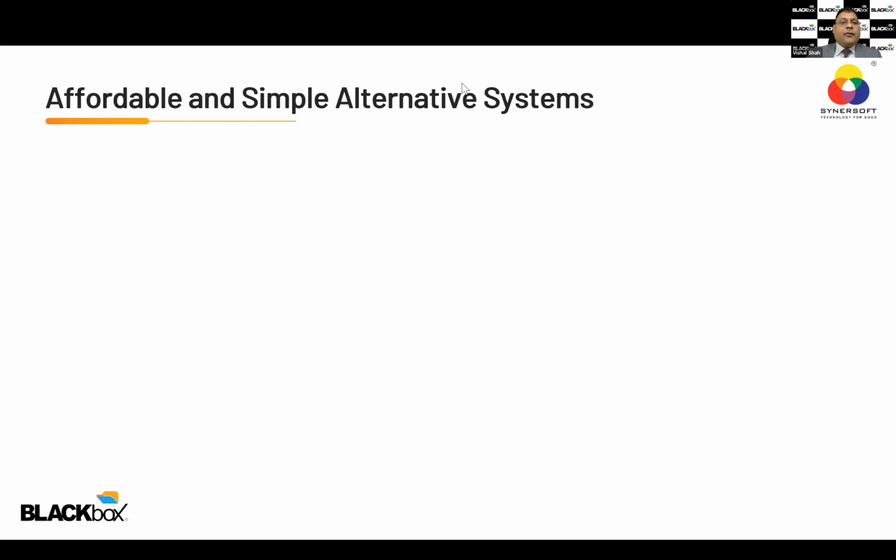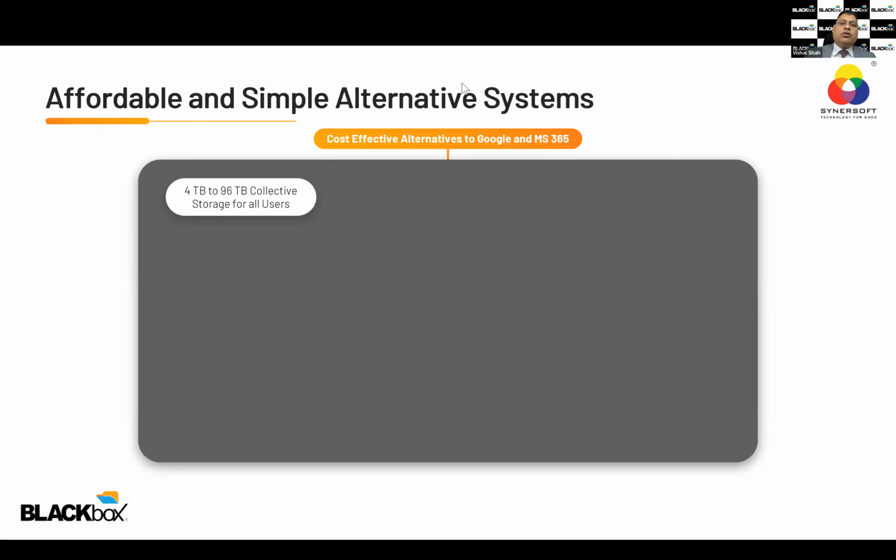So the first thing which we should be having is enterprise-wide cloud storage. We should not have per user cloud storage because most of us work on drawings and designs, and a lot of work happens on a common shared folder in a department. So many users with different rights share those folders.